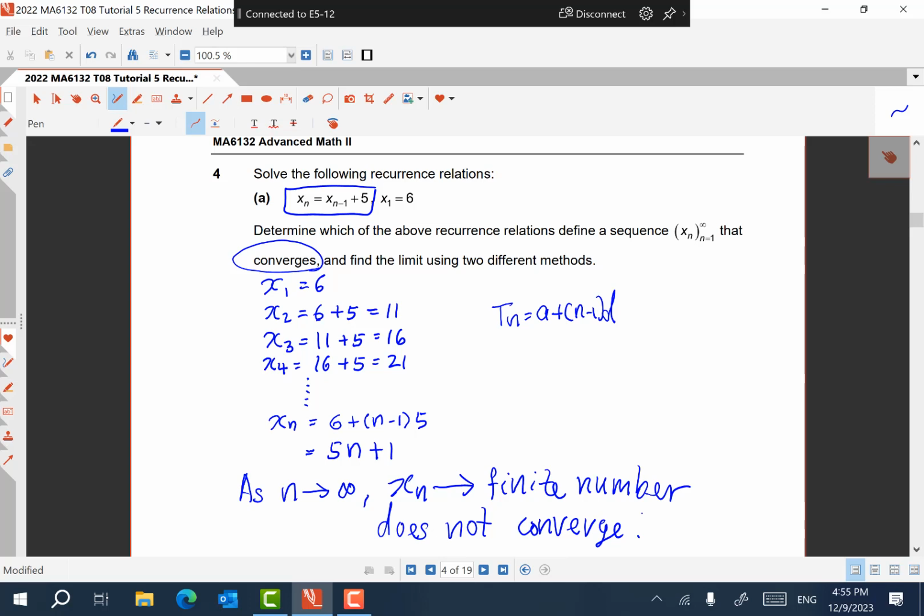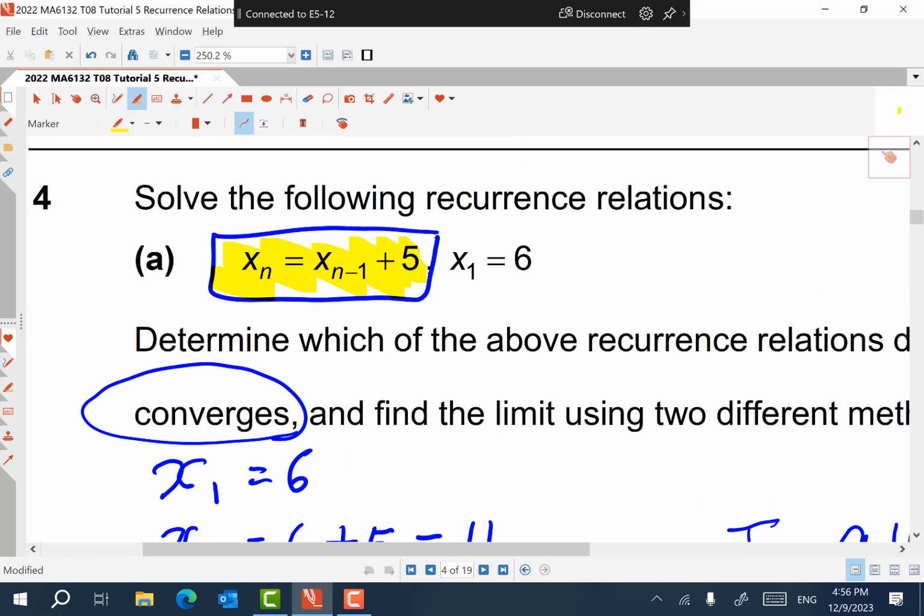So let's examine this recurrence relation. In this recurrence relation, you want to examine this very carefully. If you see a recurrence relation like this, like a yellow patch like this, okay? You want to be very quick to recognize that this is an AP, and based on your knowledge that you know of previously, you can solve for the xn of an AP quite readily.